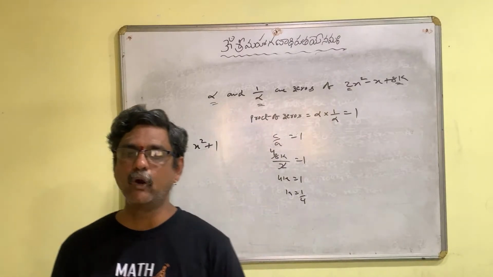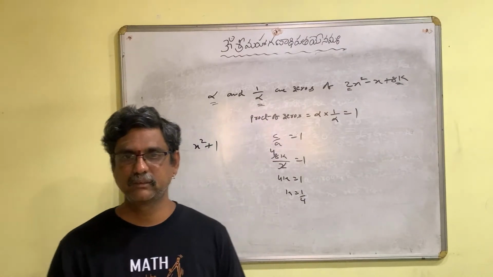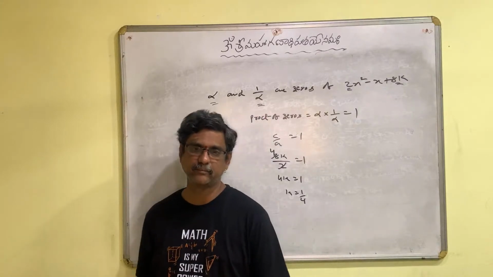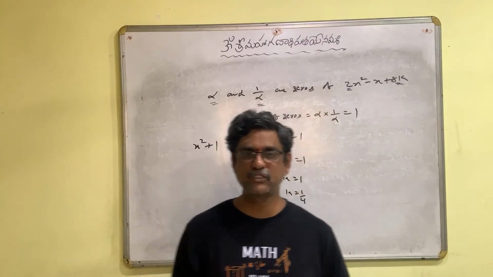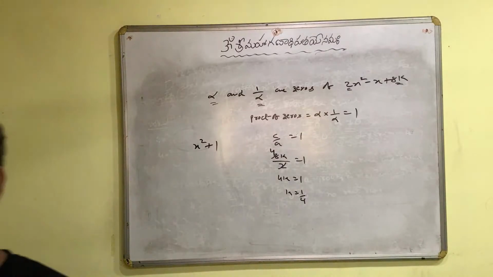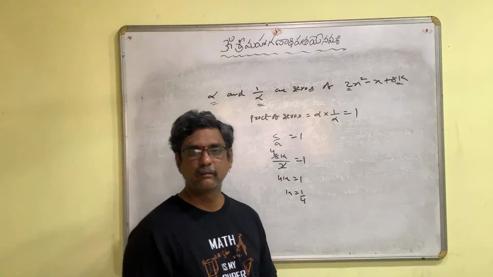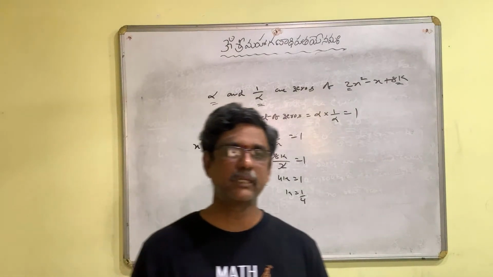I am not asking how many, what are the zeros. Option C. Shyam, why option C?